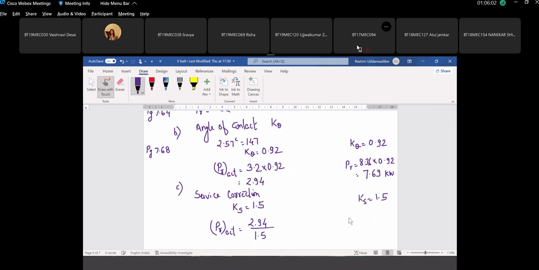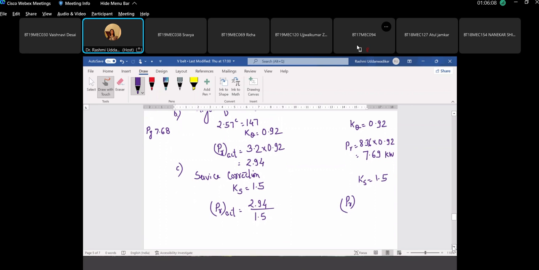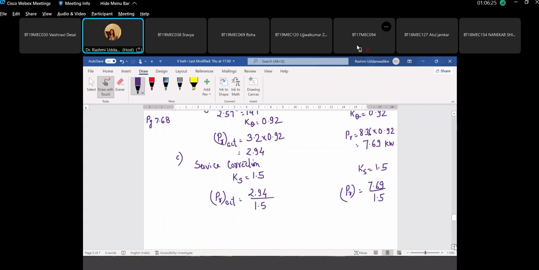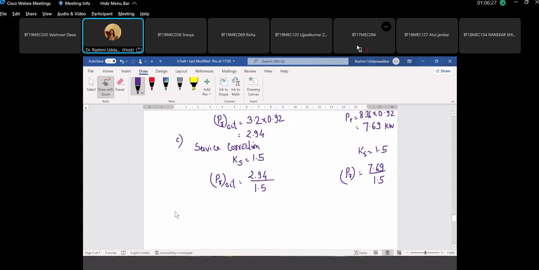And we have one more correction factor, the length of the belt correction factor. Find what is the length of the belt. You have the formula for the length of the belt given in the design data book in terms of diameters and center distance.